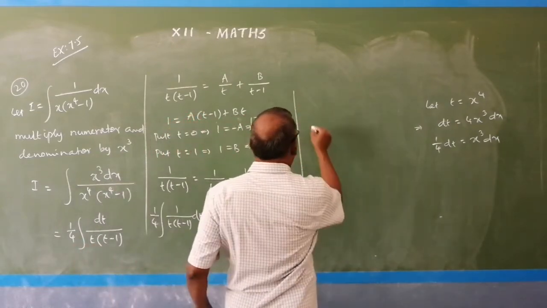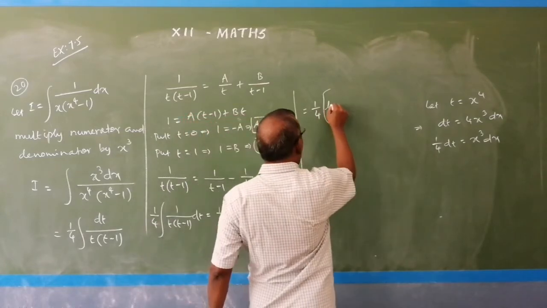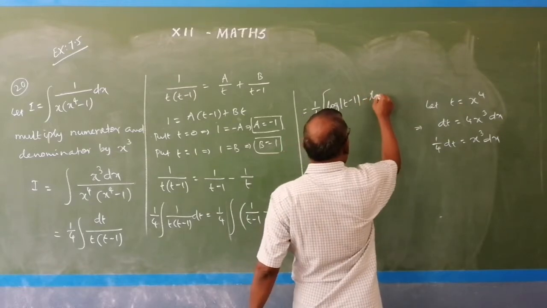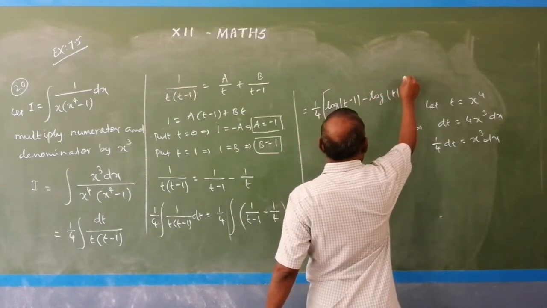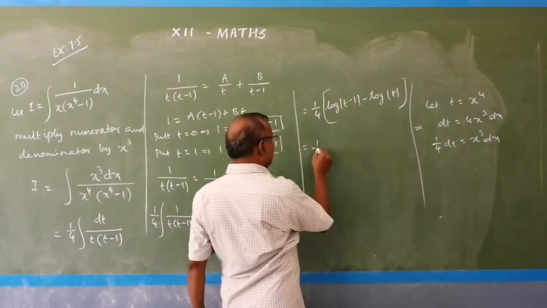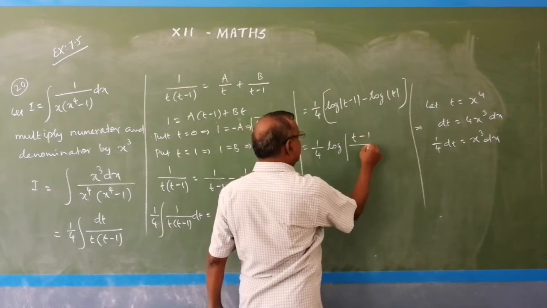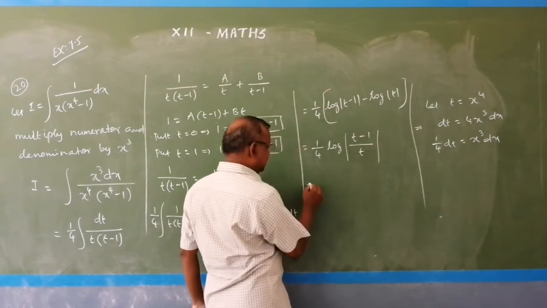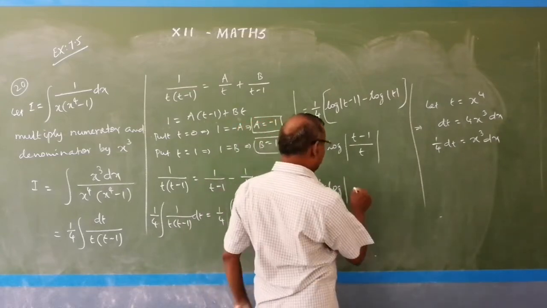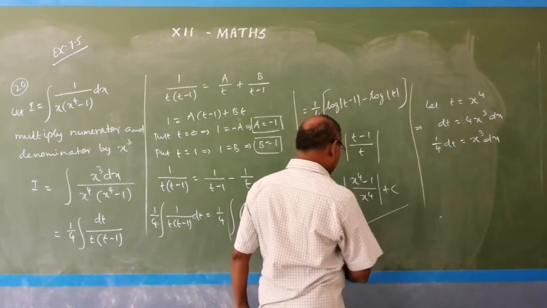This is 1 by 4 into log of modulus of t minus 1 minus log of modulus of t, that is equal to 1 by 4 into log of modulus of t minus 1 divided by t. So, t means x power 4, and it is 1 by 4 log of modulus of x power 4 minus 1 divided by x power 4 plus c. So, this is the answer.